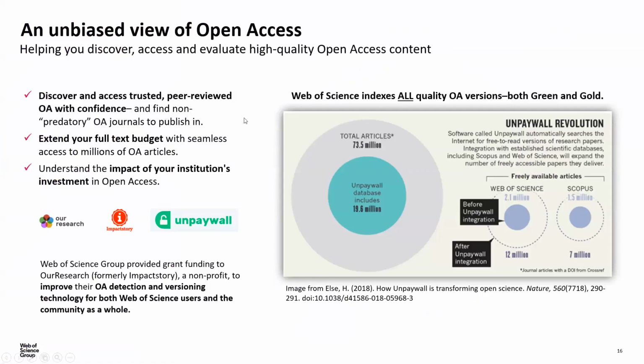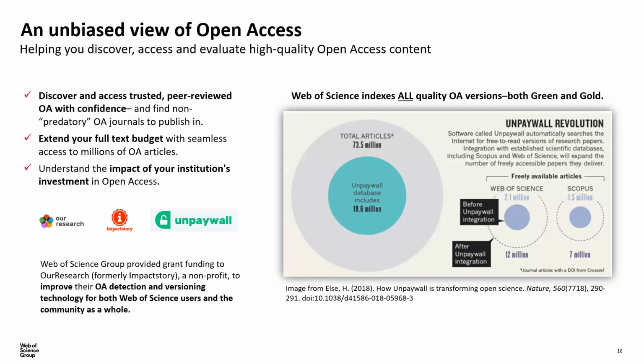Now, the other thing that is very important that I wanted to highlight about Web of Science content is that you have access to a good number of open access articles on Web of Science. What is open access to you as a researcher? As a researcher, open access means free to view. These are free articles that you can read without a subscription.